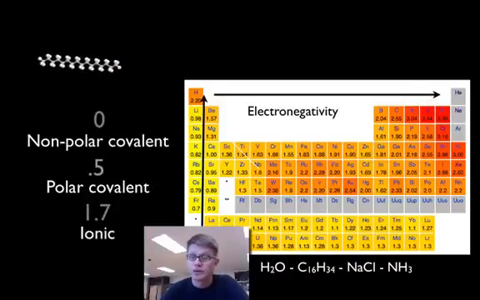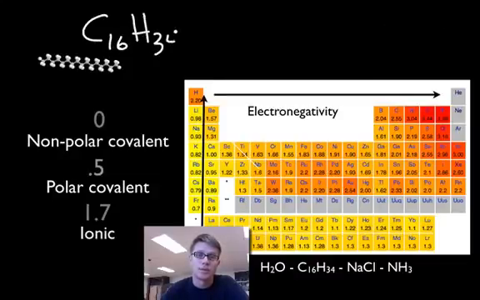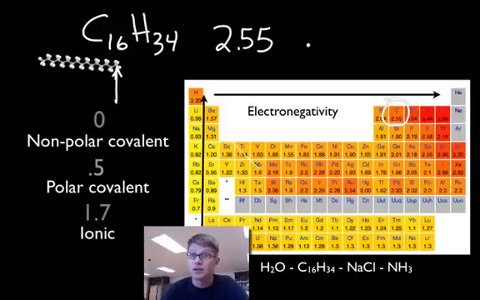Let's go to another one. Here's diesel fuel. This is cetane. Diesel fuel is going to be C16H34. If I look at the bond between a carbon and a hydrogen, I just find them on the periodic table. Carbon has an electronegativity of 2.55. In other words, it wants the electrons a little less than oxygen just did. Hydrogen has an electronegativity of 2.20.